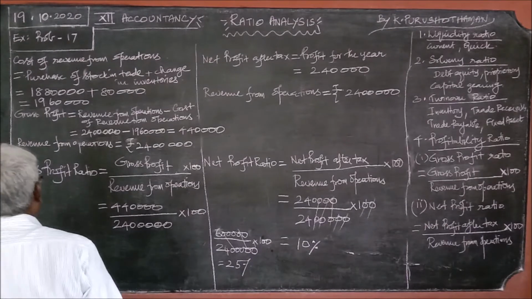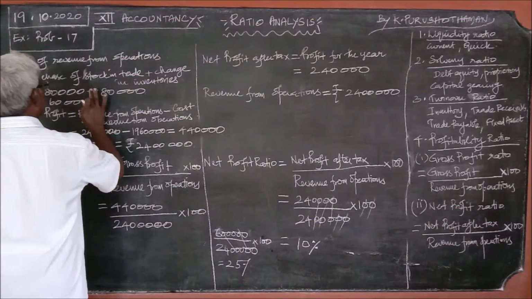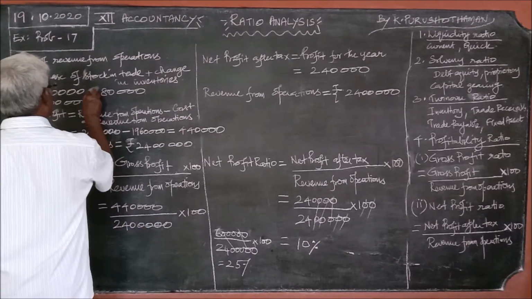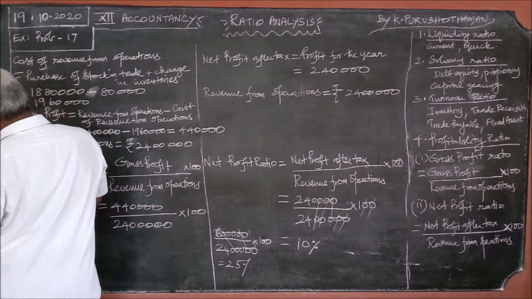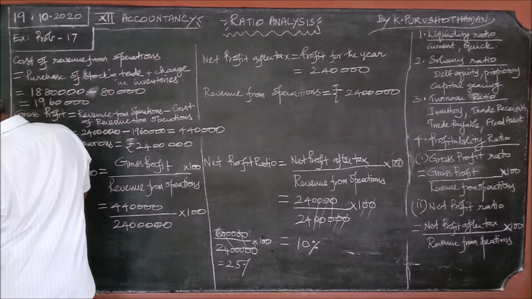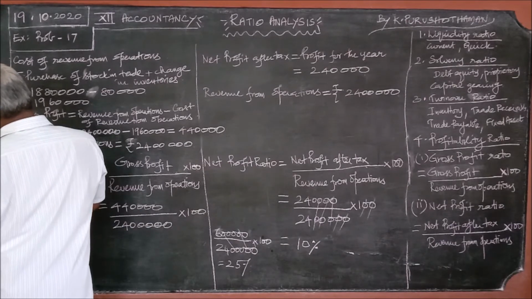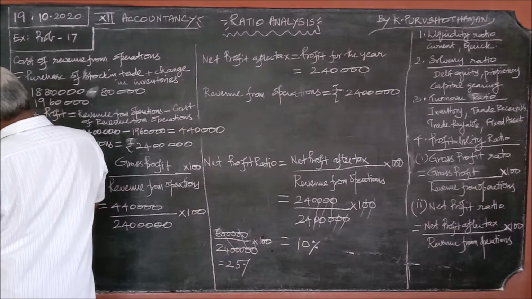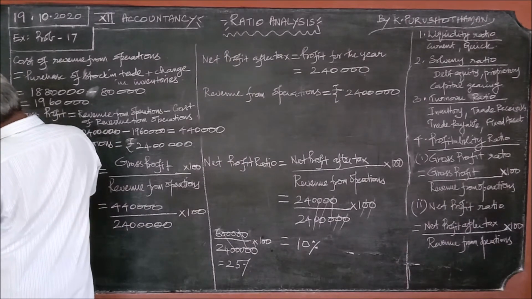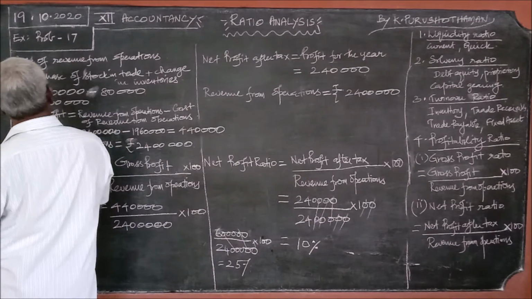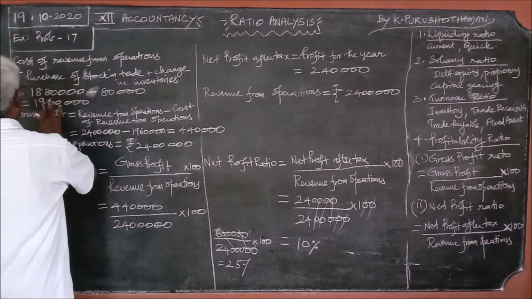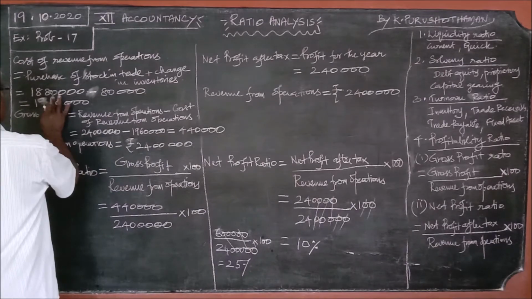Change in inventories is minus 80,000. If you listen carefully, if it is minus 80,000, it is okay. This minus printing is not good. All of you please go through page number 325. There the minus is very minute. So if you put minus 80,000, you will get the answer.